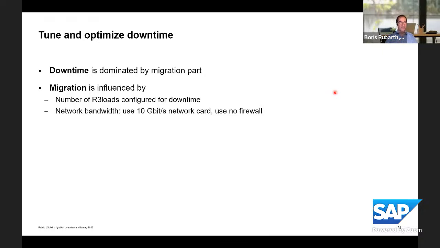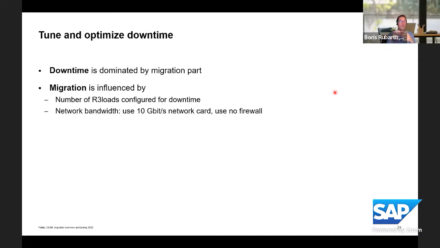The migration as such is influenced by, on the one hand, the number of R3 loads that you configure in the SUM user interface that are to be used in the downtime. There are some default values, but you will find your own values that can be quite high. So don't get scared to increase it above 100 or 500, depending on your capability of your host, of course.